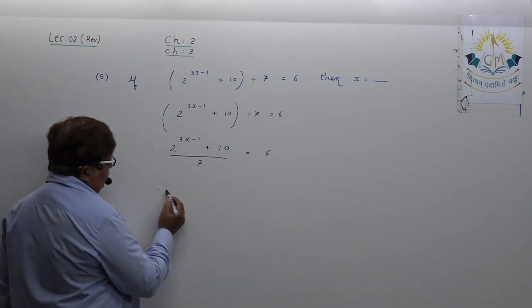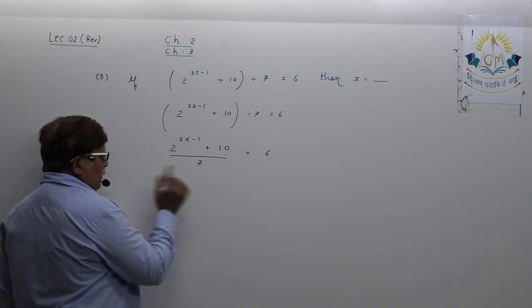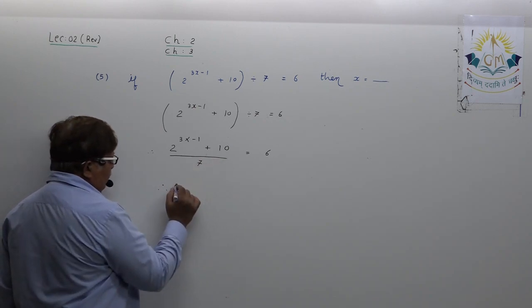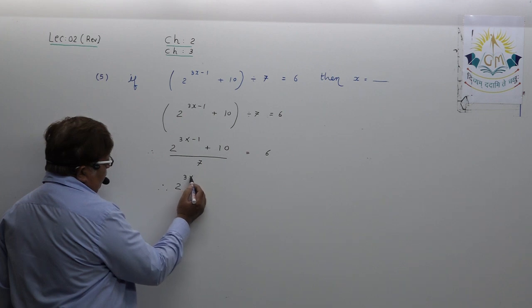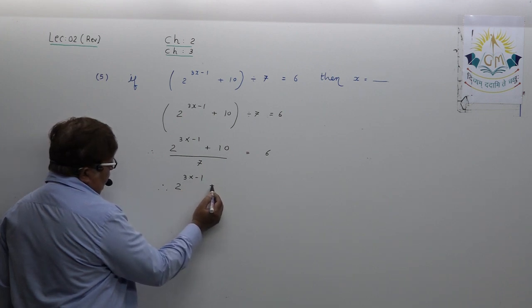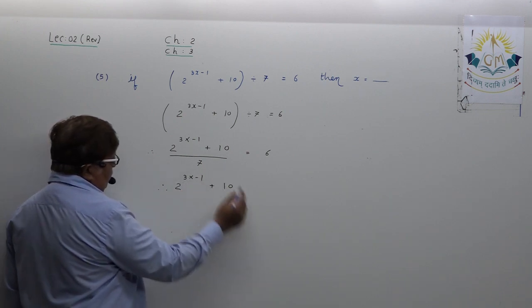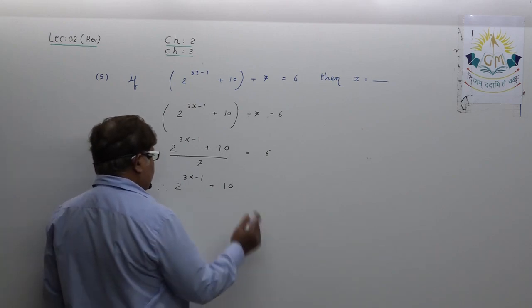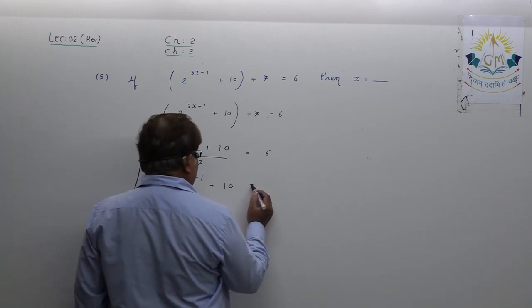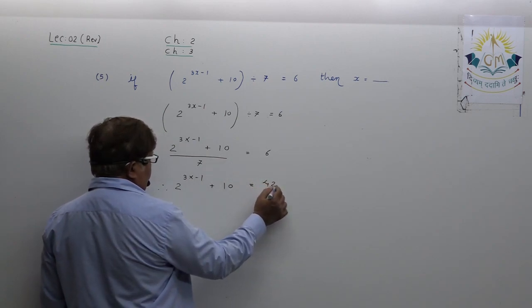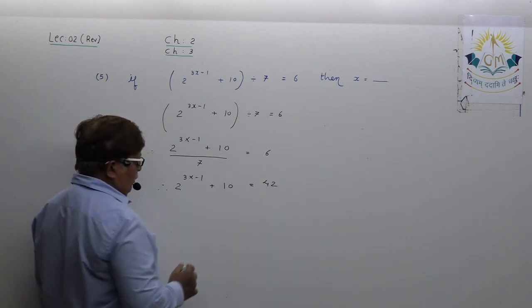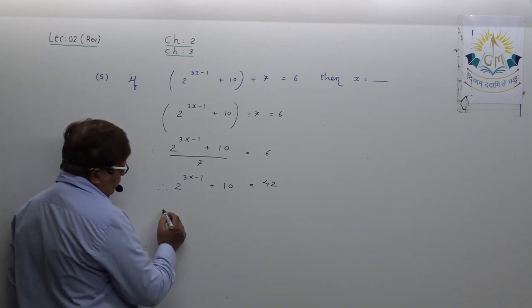Therefore, now, dear student, cross multiplication: 2 raised to 3x minus 1 plus 10 equals to 7 into 6, 42. Simple cross multiplication.